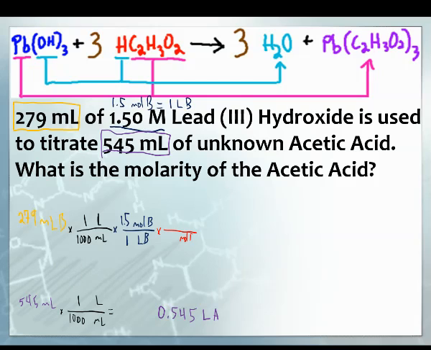I'm going from moles of base to moles of acid. Again, there's 1 mole of base for every 3 moles of acid. This here will give me another number that I need. This will give me the moles of acid, which is part of what I need. So 279 divided by 1,000 times 1.5 times 3 equals.